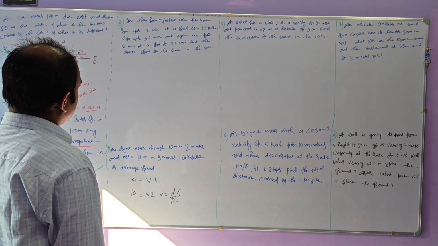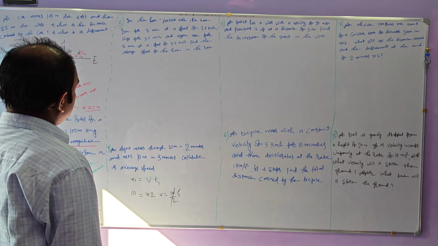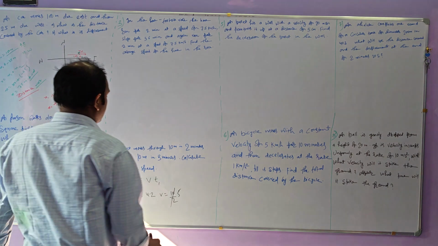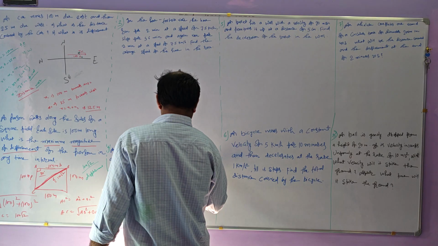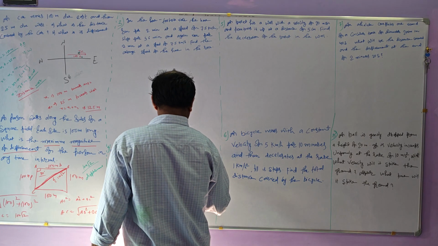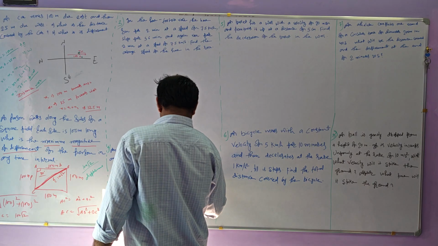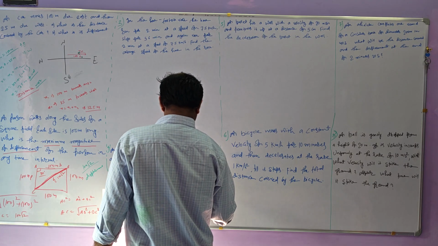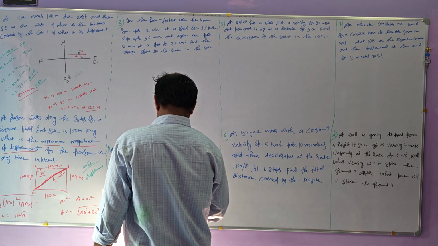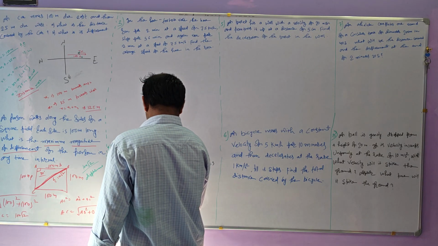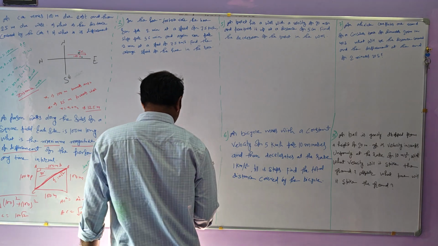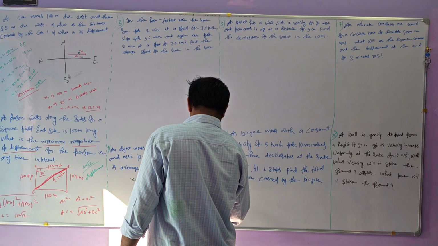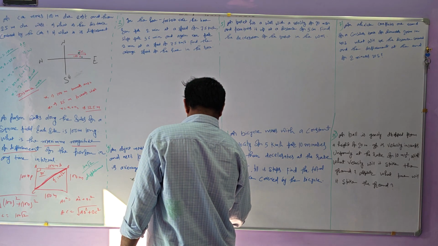S2 is 10 meter, T2 is 3, so v2 is equal to 10 upon 3.